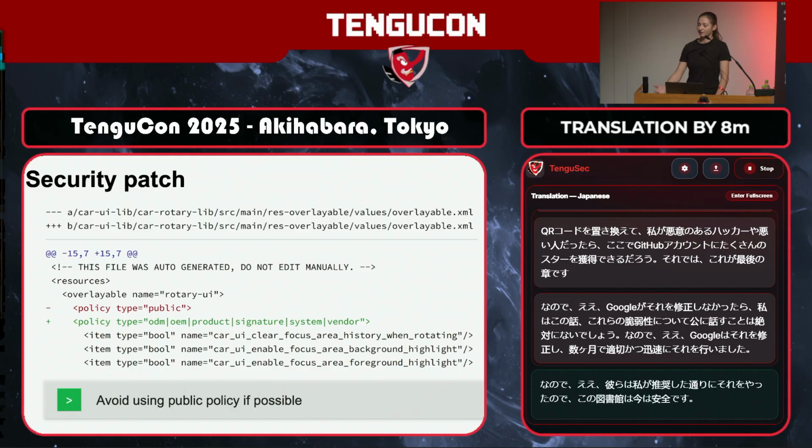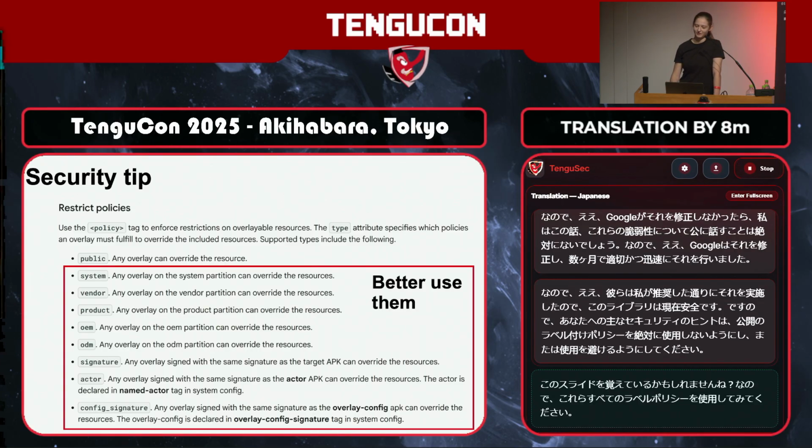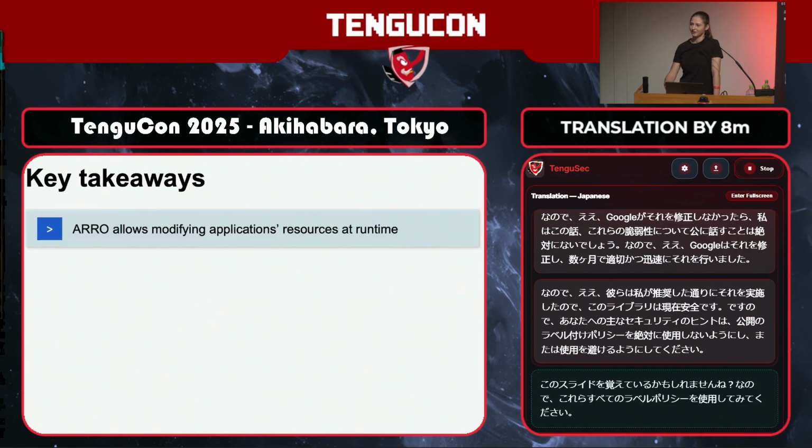The main security tip for you is to try to avoid using a public overlayable policy. You may remember this slide, right? Try to use all these overlayable policies, but avoid using public. Here are key takeaways from this presentation.